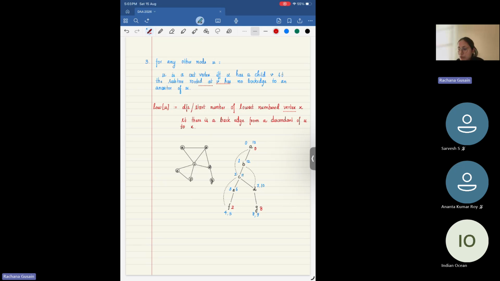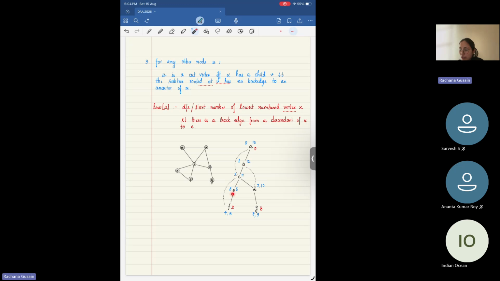Now come back to the parents of the leaf nodes. So let's look at the low of E. What is the low of E? We initialize it to 3, but is it possible to reach a node which has a lower DFS number via one or more tree edges followed by a back edge?